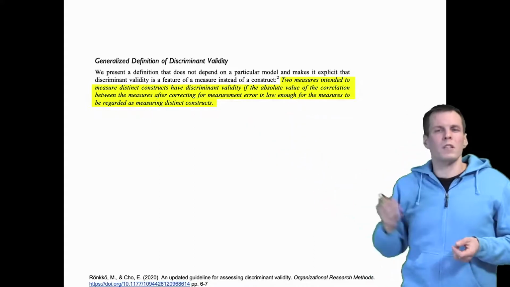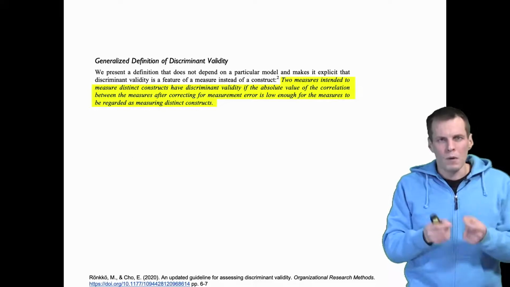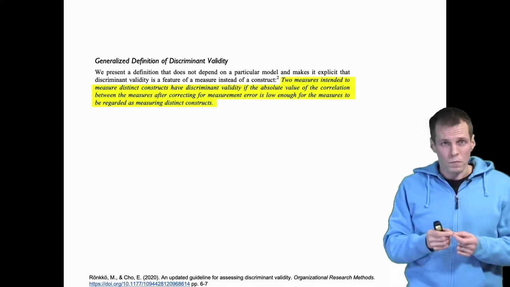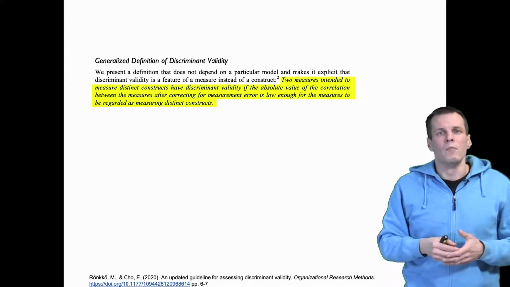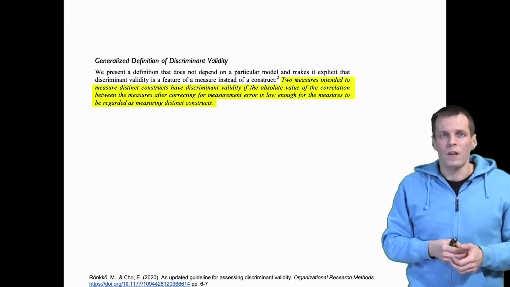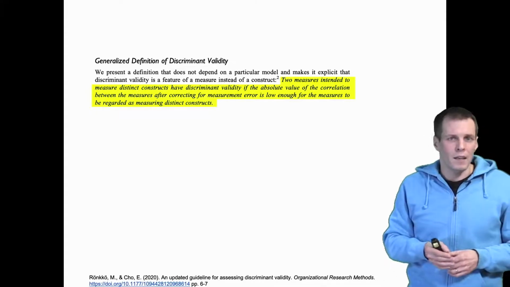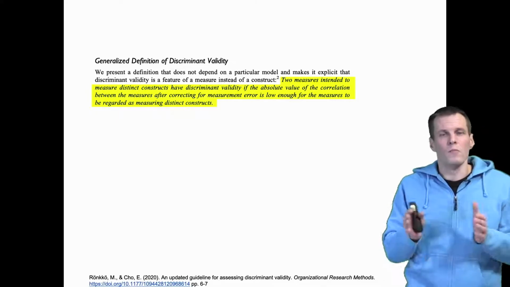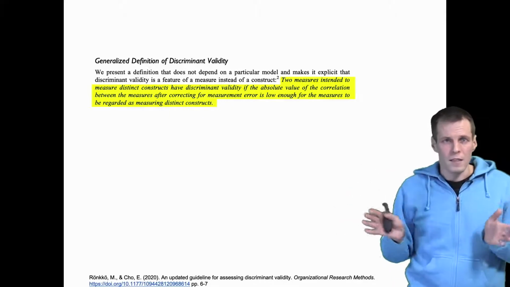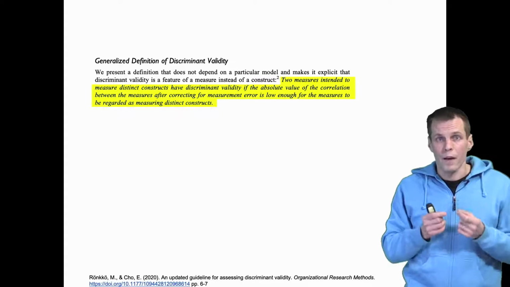Why is measurement error important here? It is important because discriminant validity originally was motivated by Thorndike's observation from 1920 that if there is a high correlation of 0.5 or 0.6 in two survey items that are supposed to measure two different things, then that indicates a problem, because the correlation is affected by unreliability.